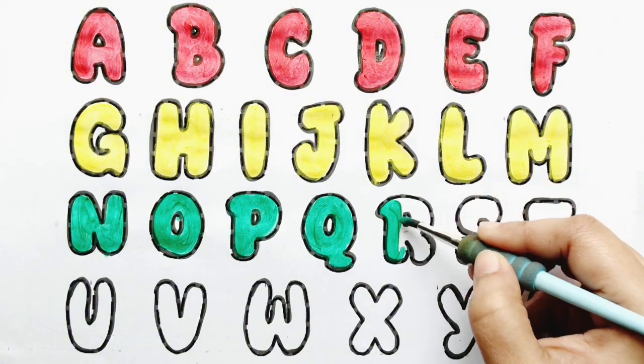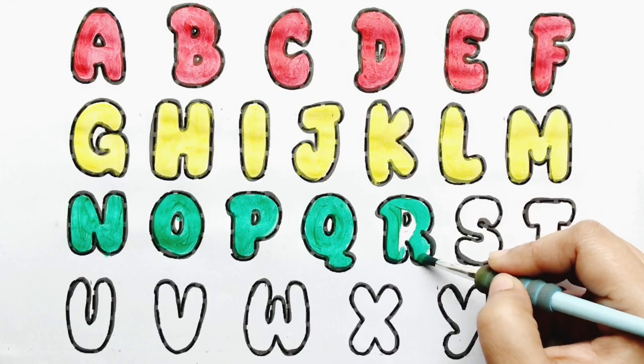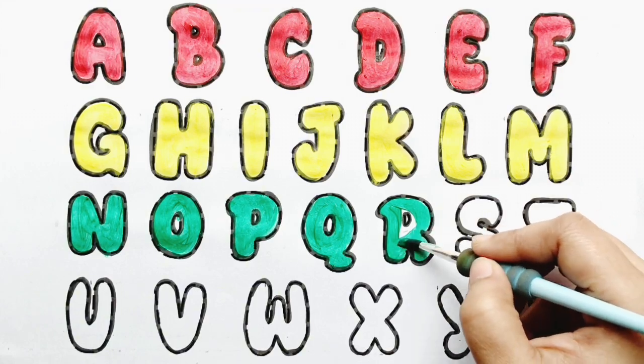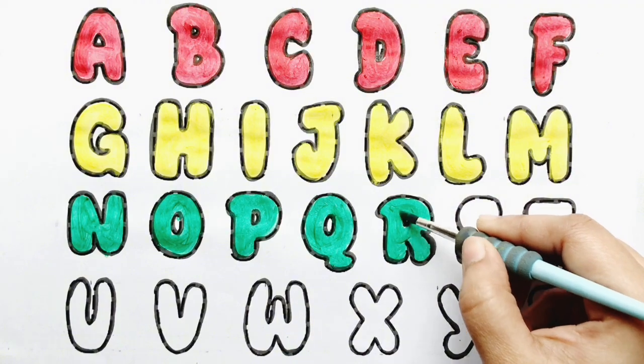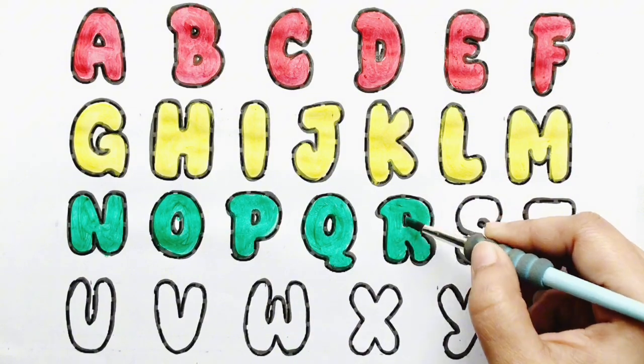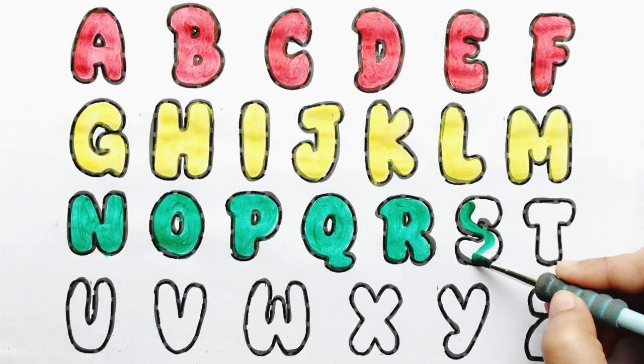R for Rainbow. Art. Apple, angel, address, animal, answer, April, autumn, ambulance, airplane, arrow, alligator, ant, amazing art. S for Snail.